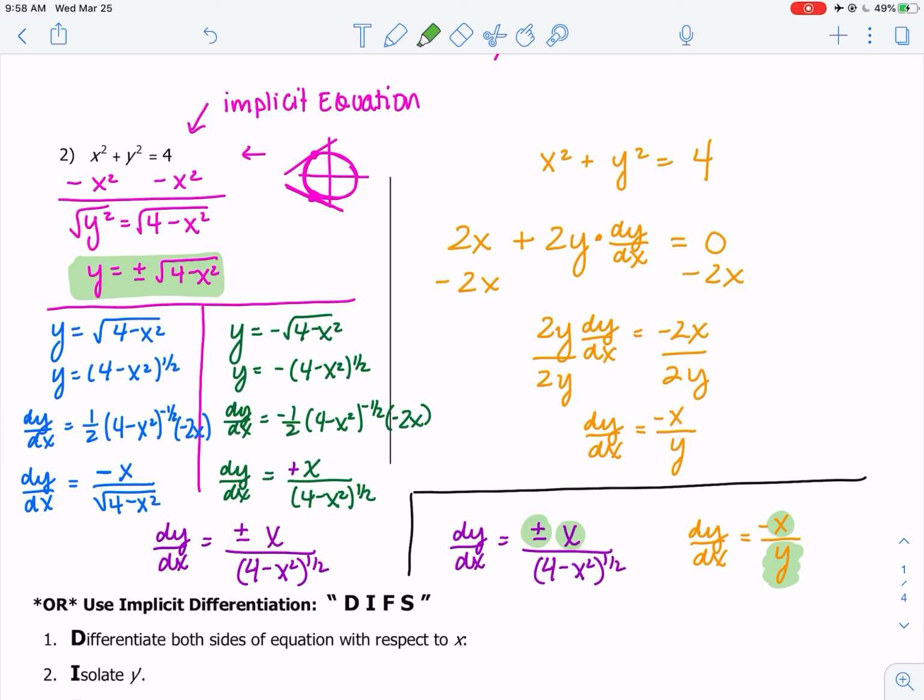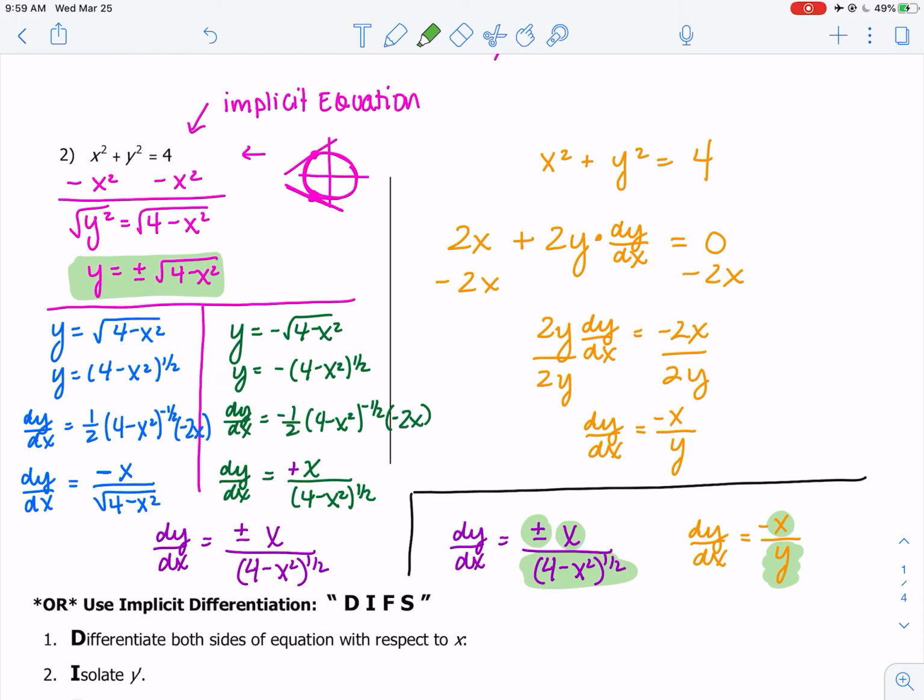You have a plus or minus. Remember, it doesn't matter where your signs go. And here is your 4 minus x squared to the 1/2 power. That's your square root of 4 minus x squared. So these are exactly the same, but if you take a look at the orange side, that's a whole lot simpler than having to solve for it in the other direction.